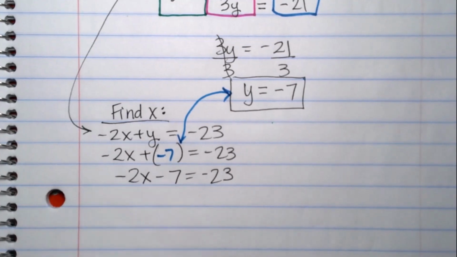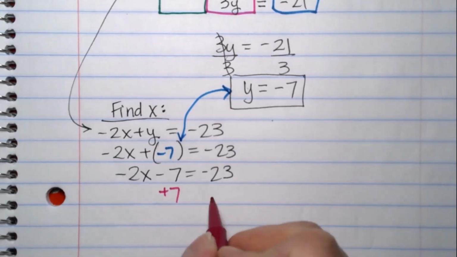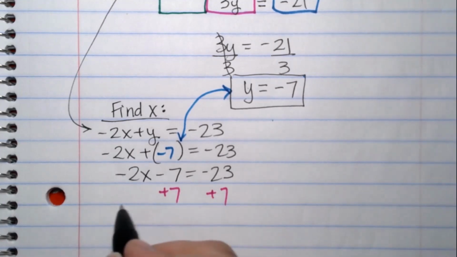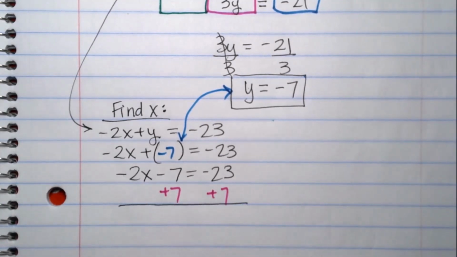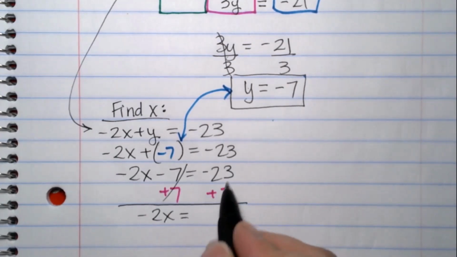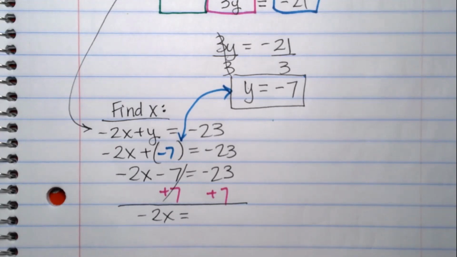I'm going to add that 7 to both sides. Negative 2x, that's canceling, equals negative 23 plus 7. What is that, 16? Negative 16, thank you.